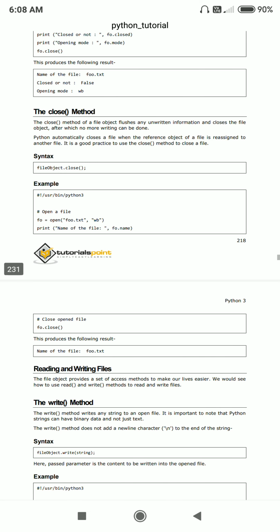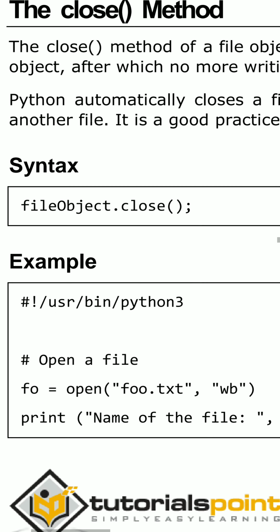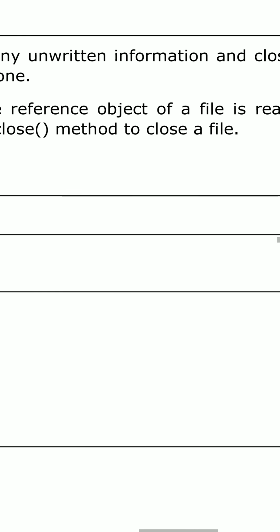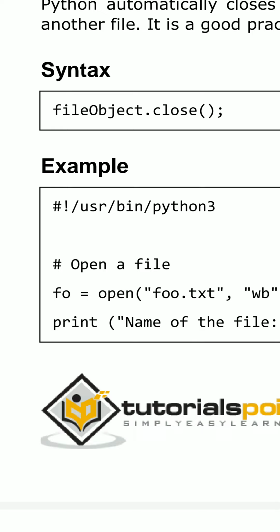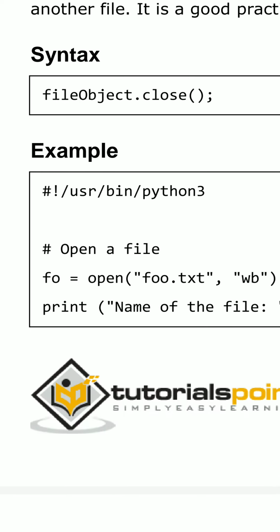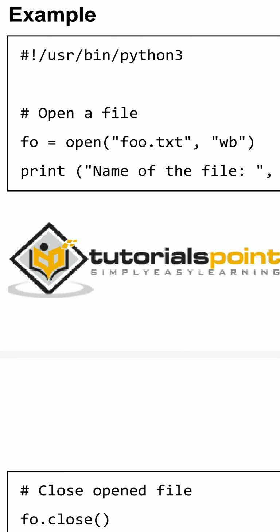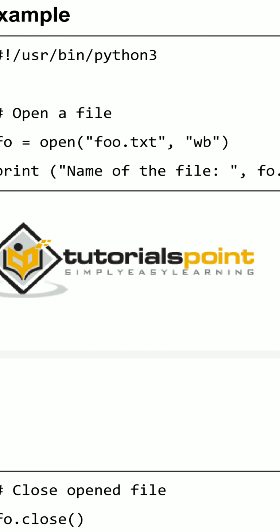And next we have the close method. What is meant by the close method? The close method of a file object flushes any unwritten information and closes the file object. That means fileobject.close. If you open any file, you have to close the file in order to access the file in any mode. Here I have taken the variable fo and call the function open, passing two arguments.